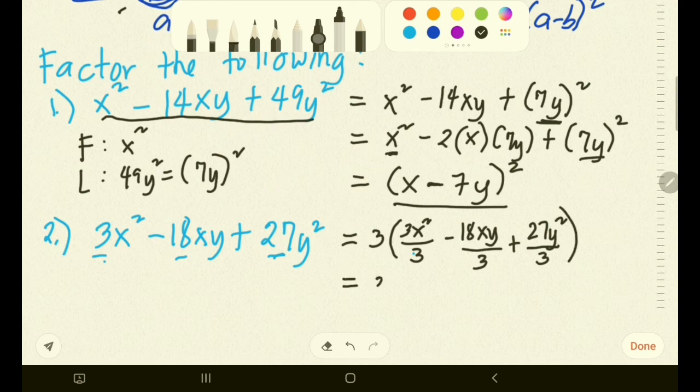Simplify. 3 divided by 3 is 1, so you have x squared. Minus 18 divided by 3, that is 6xy. Plus 27 divided by 3, that's 9y squared.